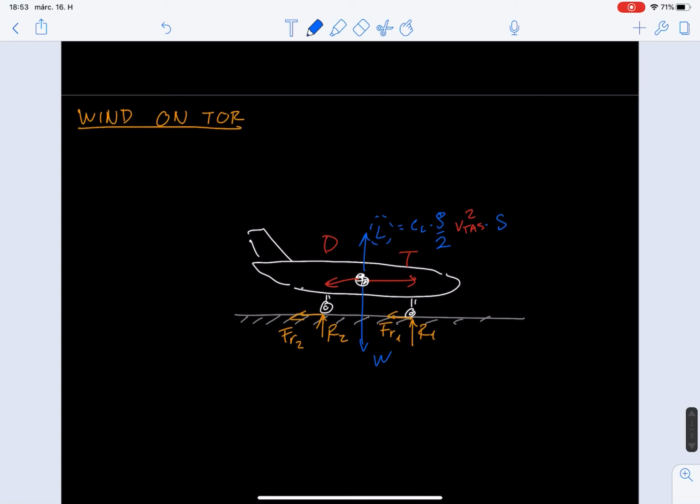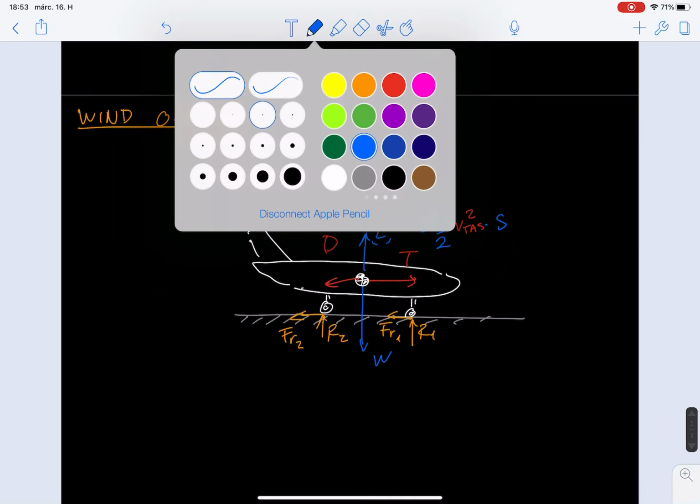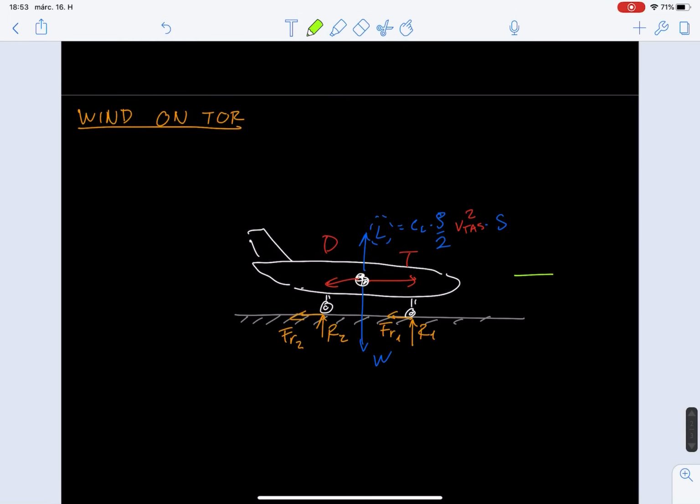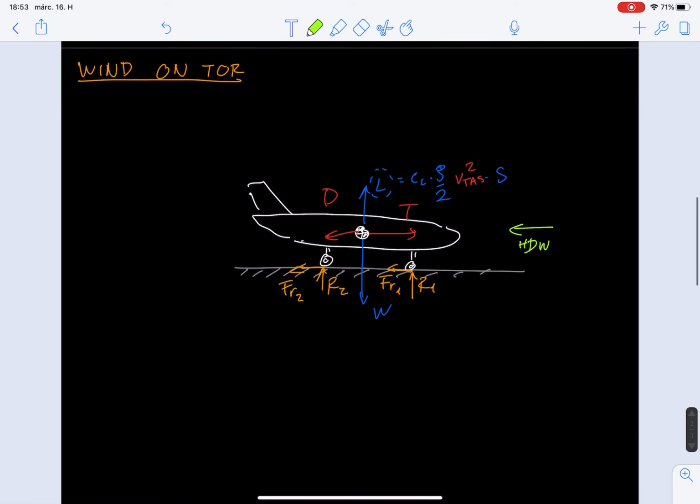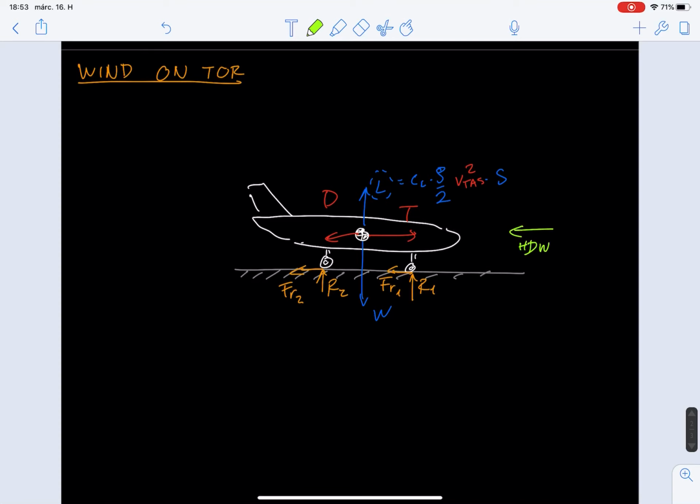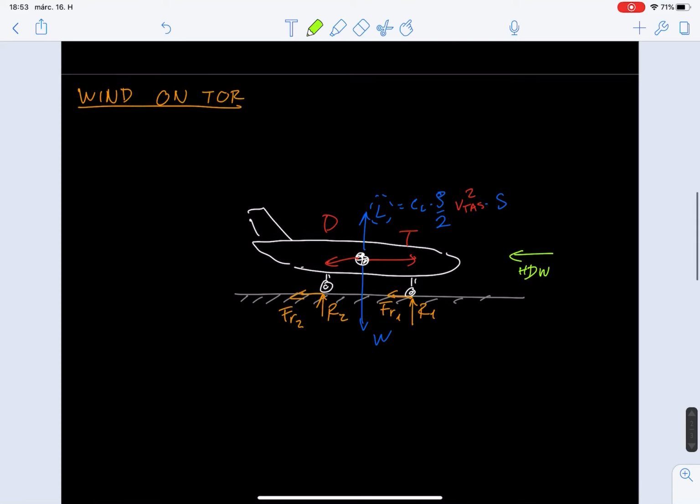So we will see that if you have basically a headwind component, you will reach the true airspeed where the aircraft needs to reach the liftoff. And remember that the takeoff run is the distance between the brake release point and the liftoff. And the liftoff is defined as a true airspeed, right?